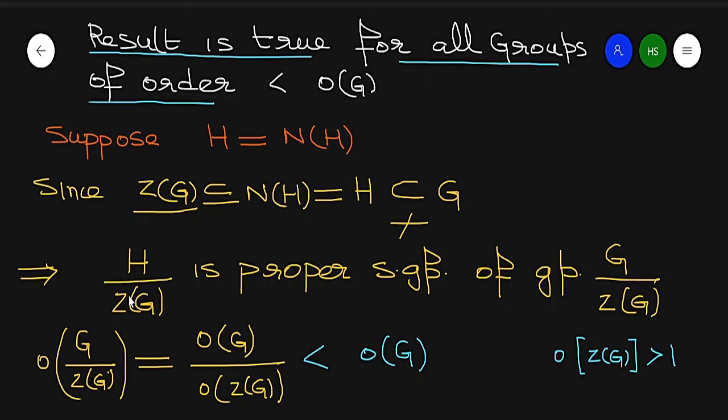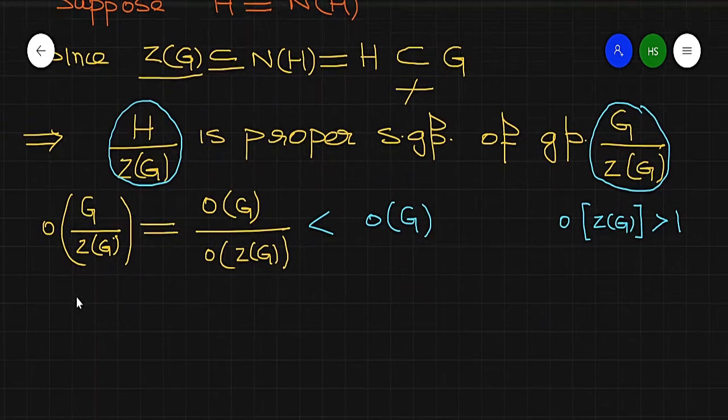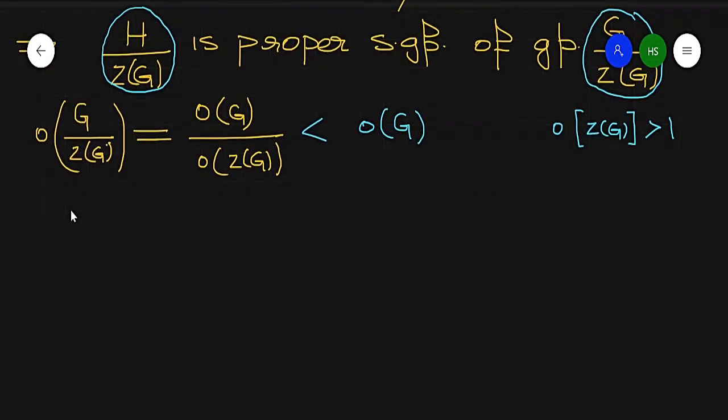Here I get H by the center of G as a proper subgroup of G by Z of G, and the result is true for this, so our result is applicable to these groups.